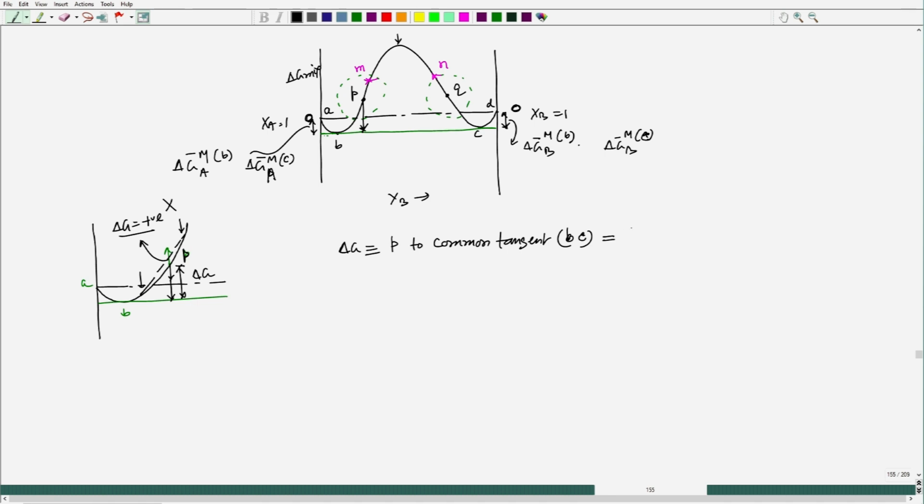So, it will stay there and it will break into two solutions.